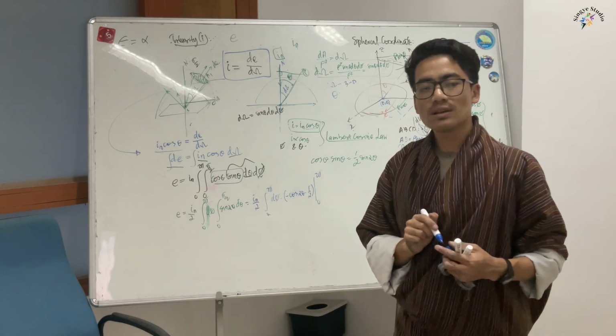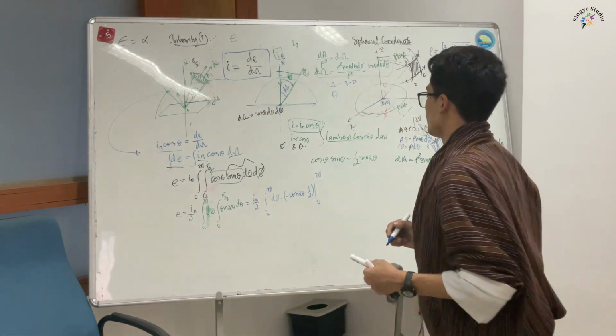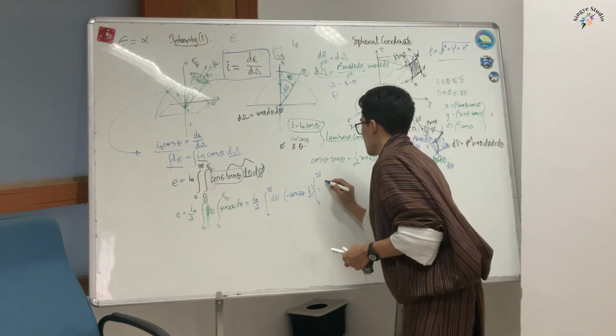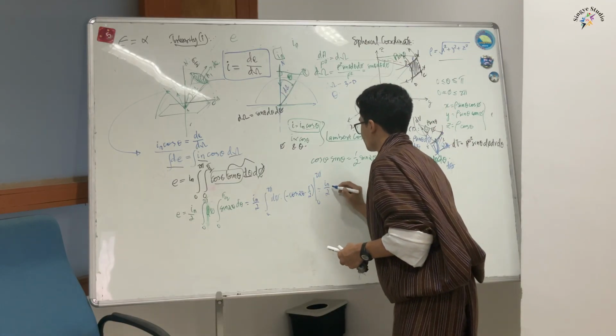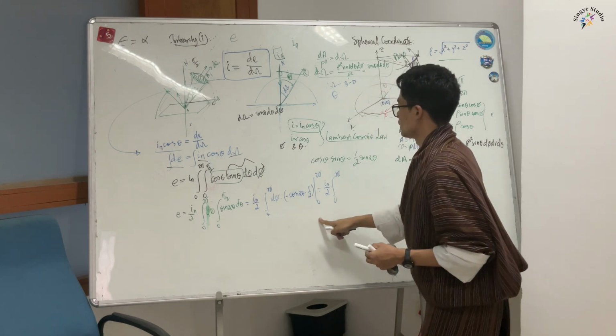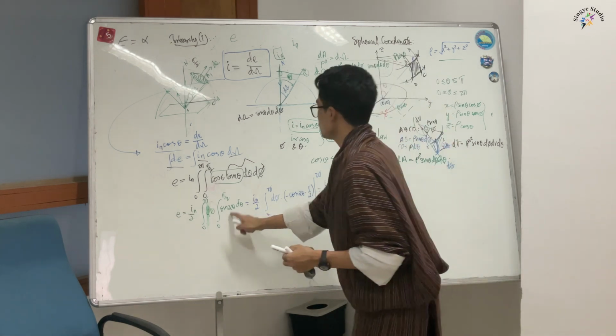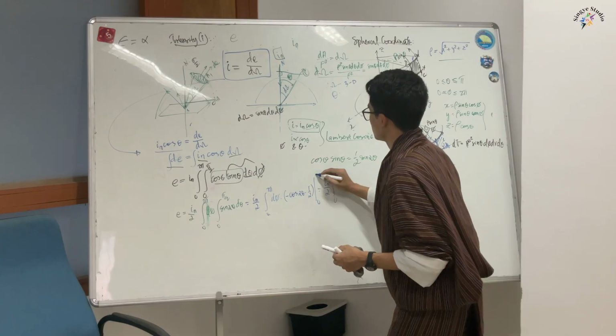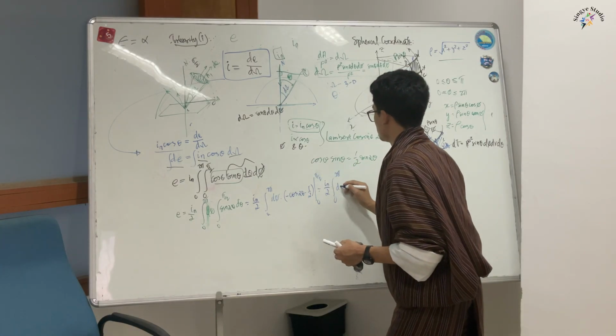So this is reduced to a very simple integral. From here we can write In by 2 times the integral from 0 to 2 pi. Sorry, the theta limits are 0 to pi by 2, d phi.